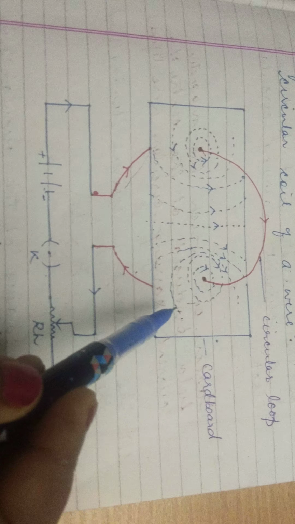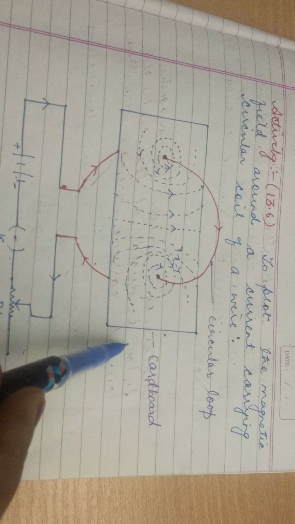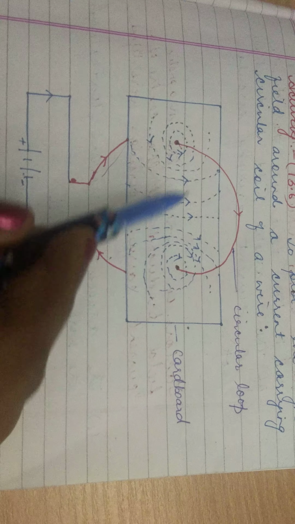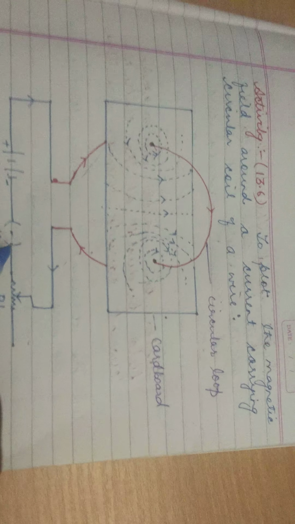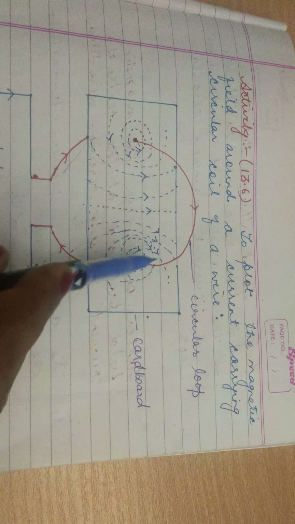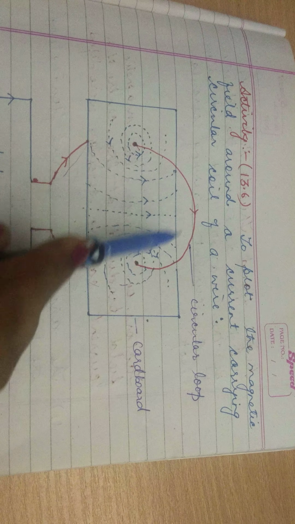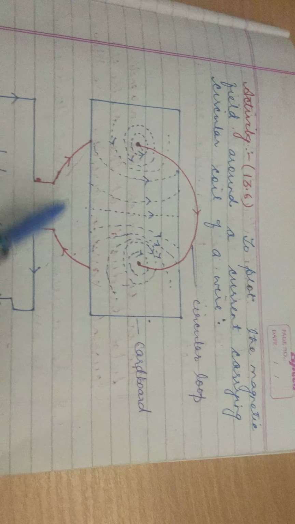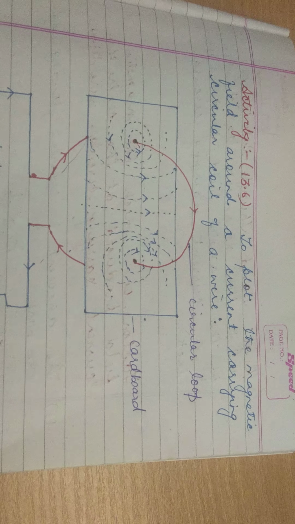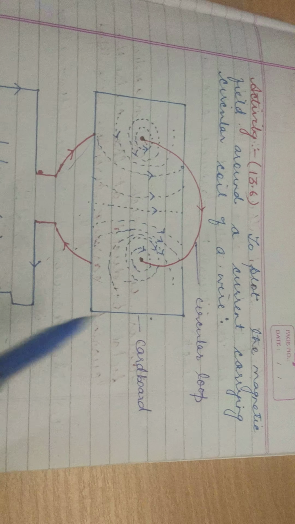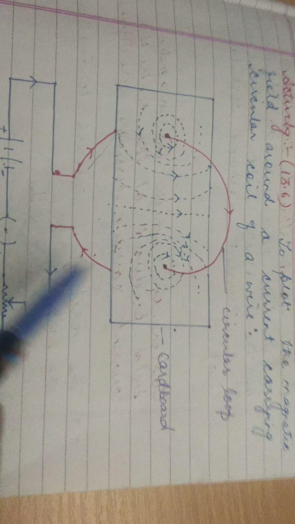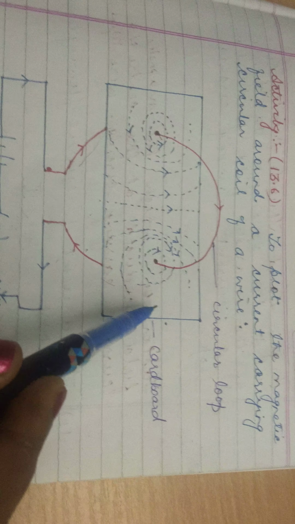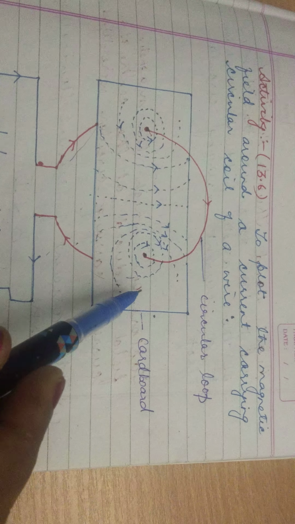I again repeat the activity: take a rectangular cardboard, a thick copper wire, a battery, a key and a rheostat. Now insert the circular copper wire loop into the hole, and connect the free ends to the battery, the key and the rheostat. Now sprinkle some iron filings on the cardboard, plug the key and tap the board gently. What will you observe?